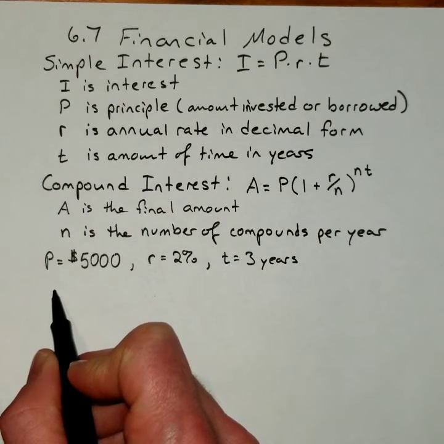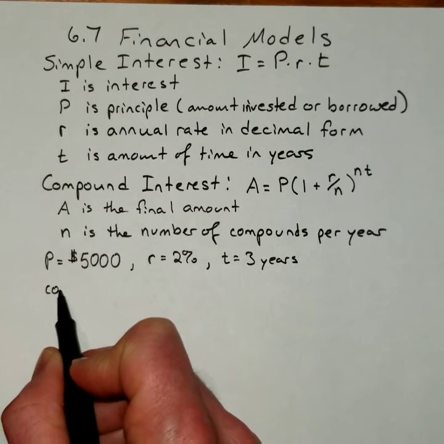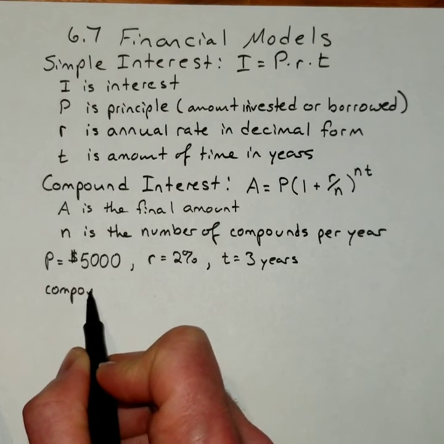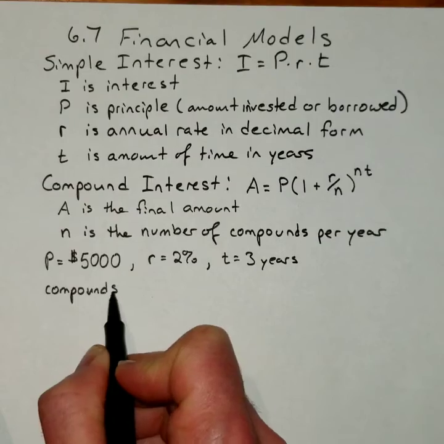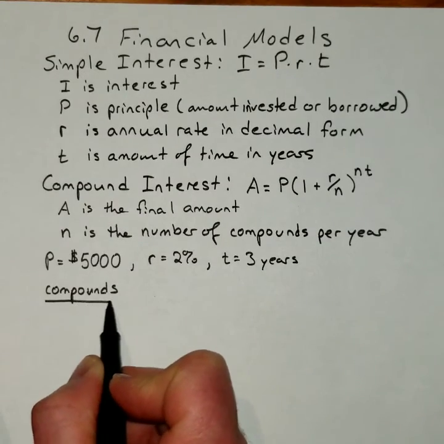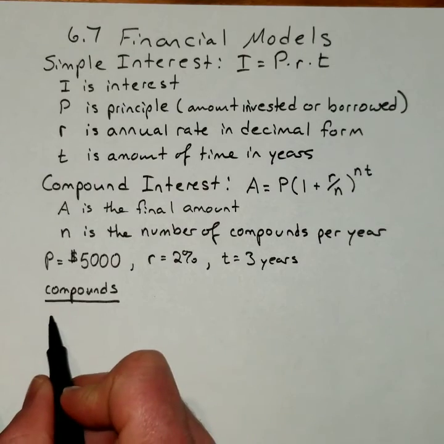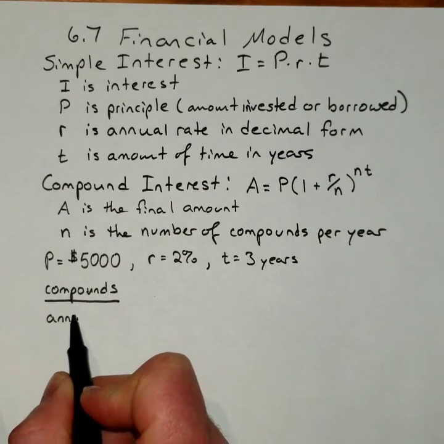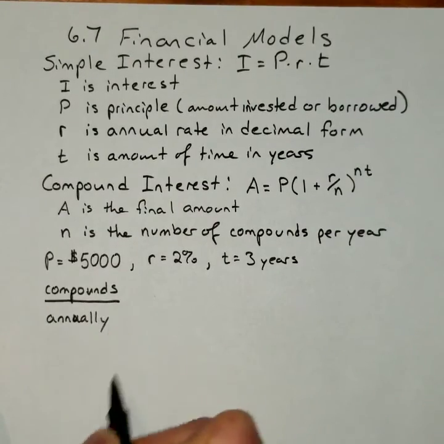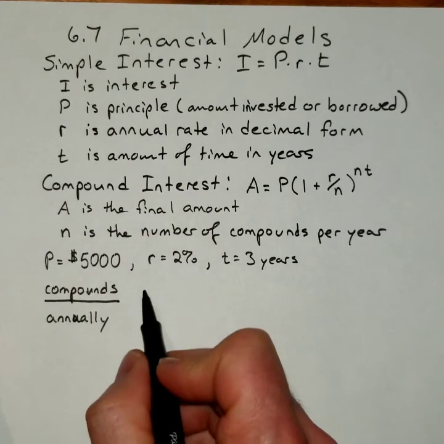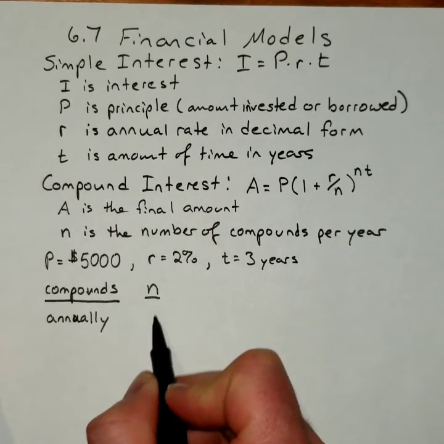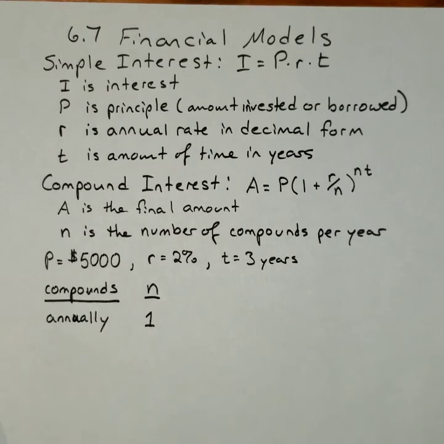Let's take how it compounds. And so let's say we were to compound this annually. Then that would mean the n value is equal to 1.